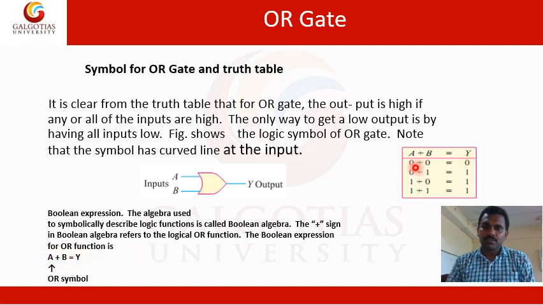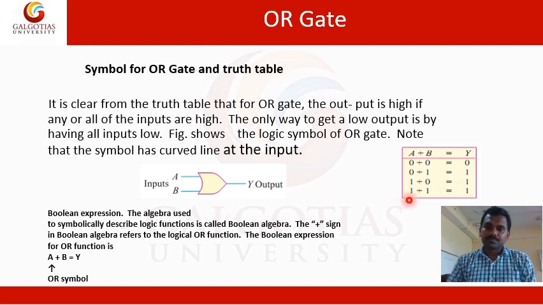So if the inputs are 0 0, then the output will be 0. But apart from this, all the outputs will be 1, because if any of the inputs is 1, then the output will always be 1. This is the property of the OR gate.